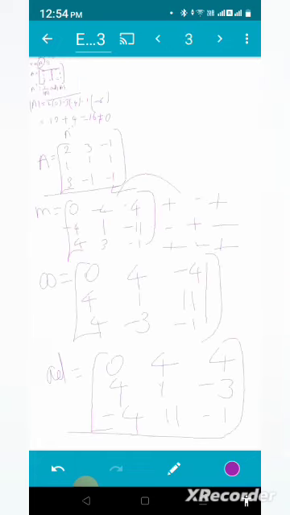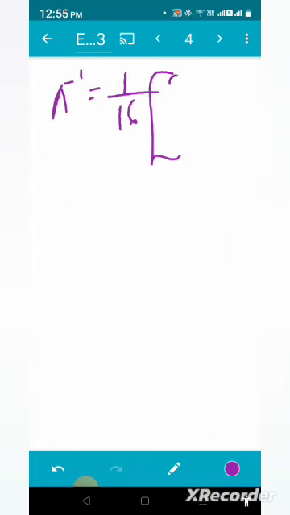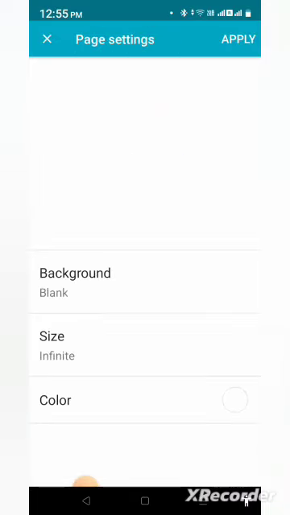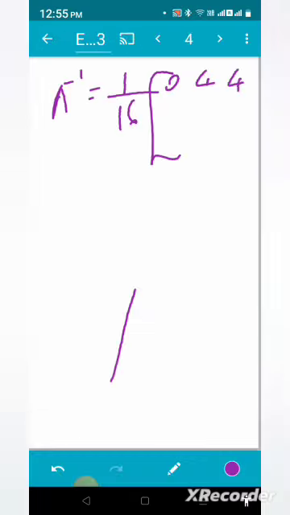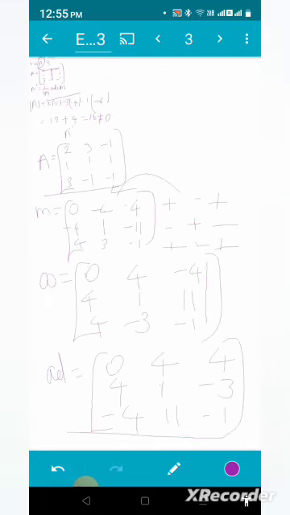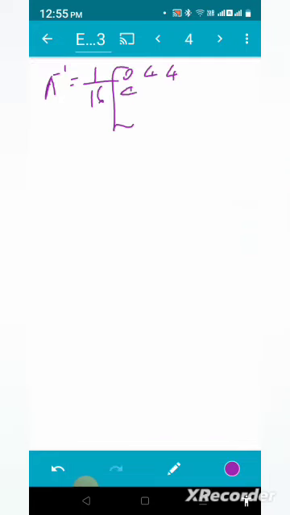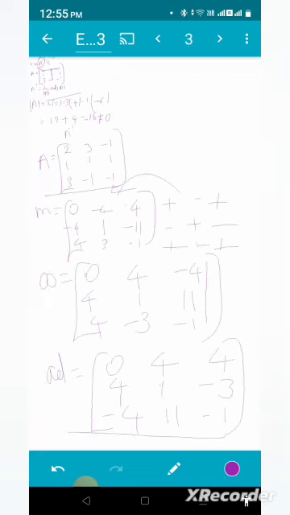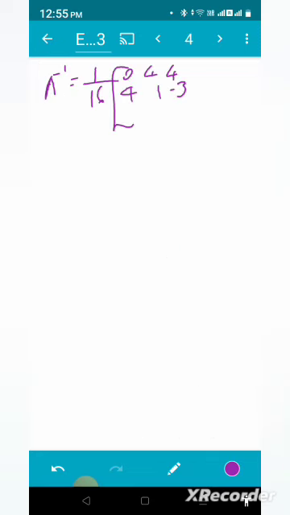Then the adjoint value is 0, 4, 4, then 4, 1, minus 3, then the third row is minus 4, 11, minus 1. So this is the A inverse value.